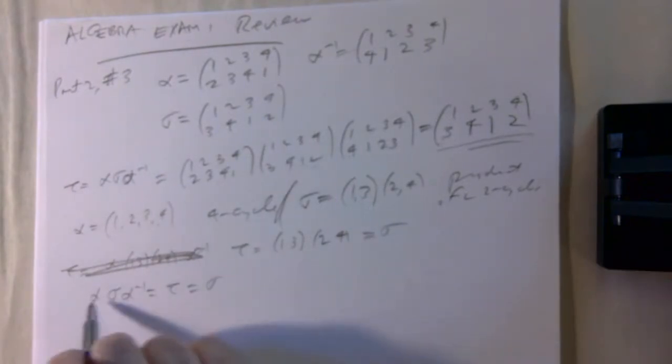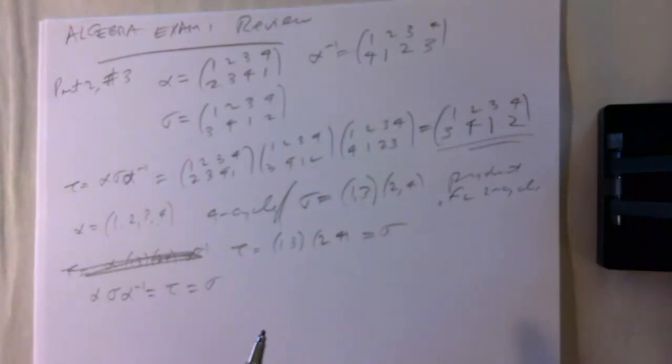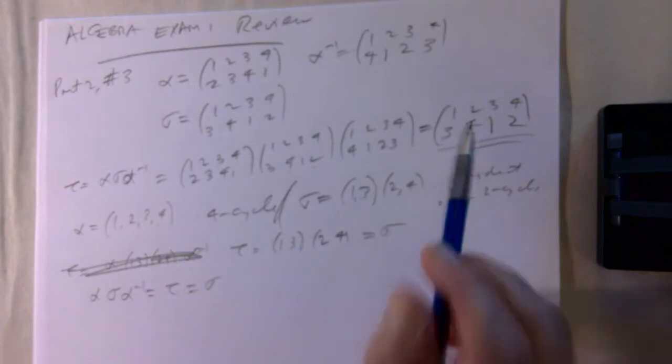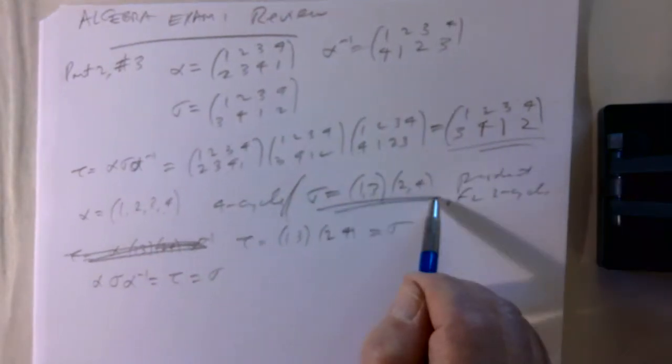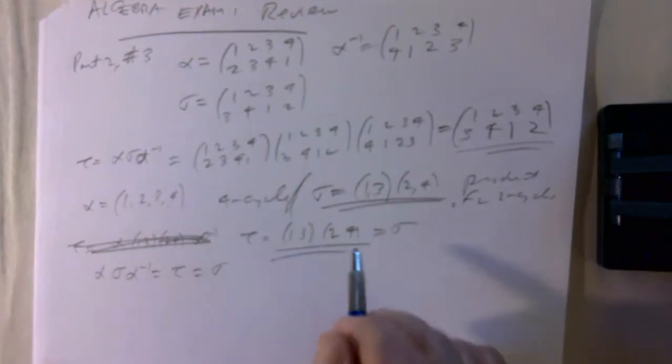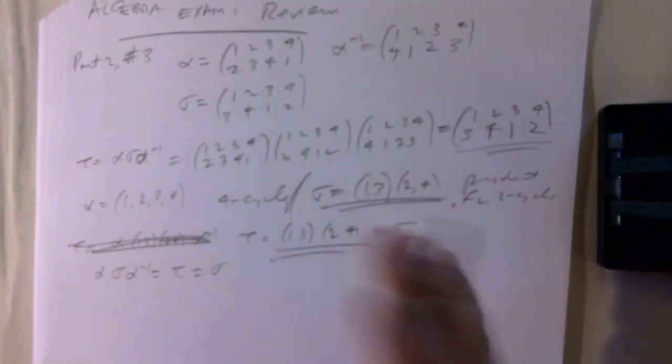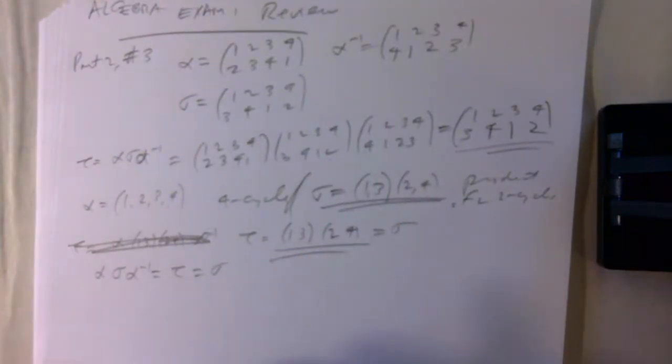So that's what it turns out to be. In any case, writing sigma as a product of disjoint cycles and tau as a product of disjoint cycles, turns out they're the same permutation. That's just what happens in this instance. Okay. Are there any questions about that?